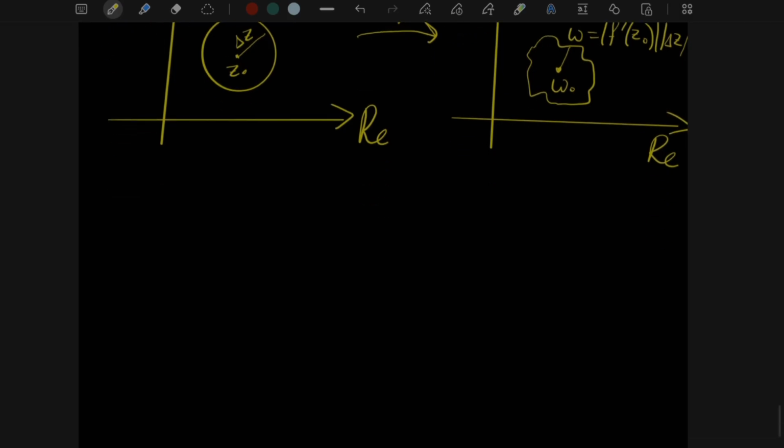And in particular, let's look at delta omega and its absolute value.